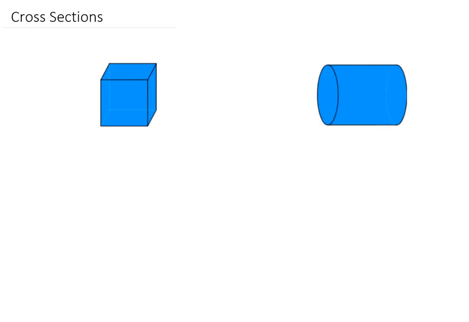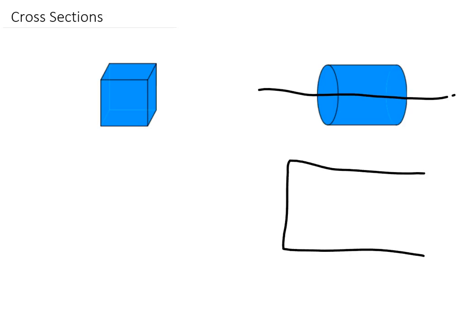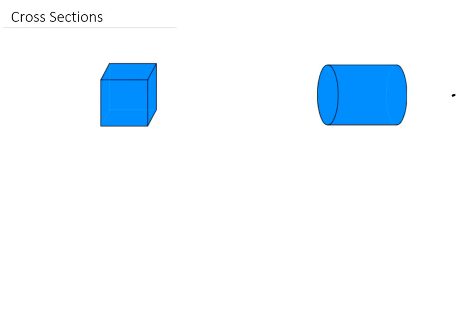If I took my line and cut it horizontally, so I sliced it horizontally and opened it up, I would actually see a rectangle. And that would be what I would get if I sliced this perfectly through here.